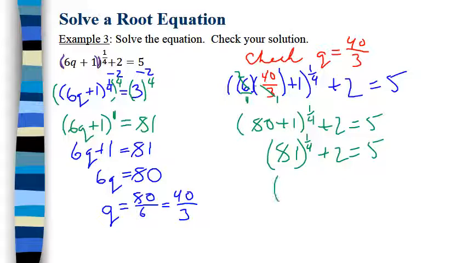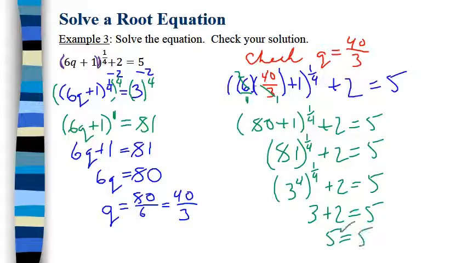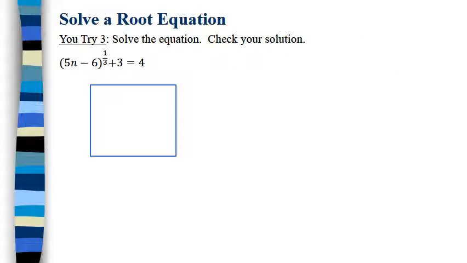And we know 81 can be rewritten as 3 to the 4th, to the 1/4, plus 2 equals 5. So when we raise exponents to another exponent, 4 times 1/4 is just 1. So now I have 3 plus 2 equals 5, and 5 equals 5. So since that checks out, we know that q equals 40 over 3. Okay, go ahead and try one on your own.